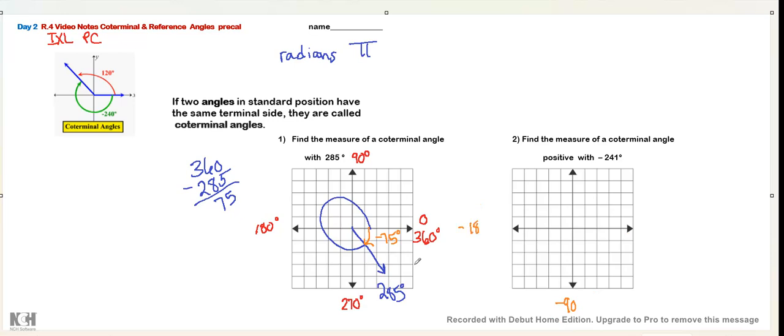Then negative 180 degrees, and up here, we'll have our negative 270 degrees. And then our negative 360 degrees would bring us all the way around. You just have to figure out where that's going to be. It's not going to come all the way up to 270 degrees, and it's going to pass the negative 180 degrees. You can use your math to figure out what's left over.